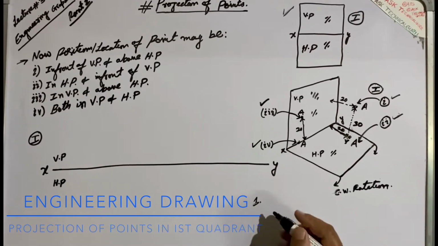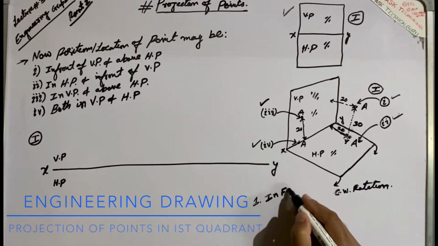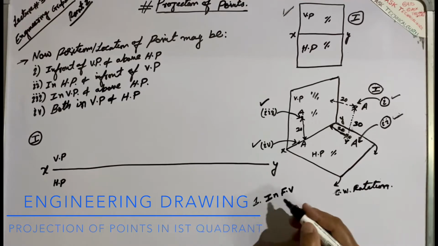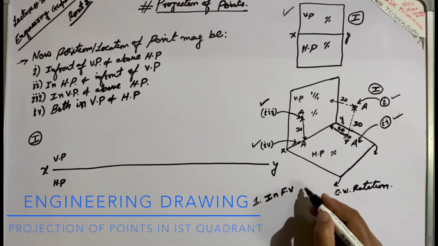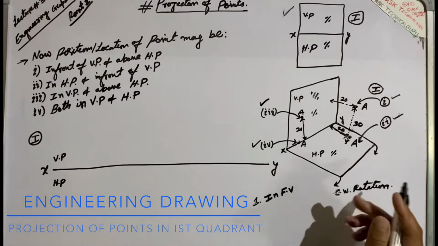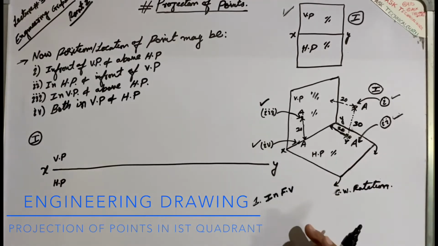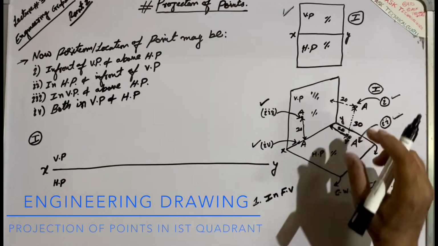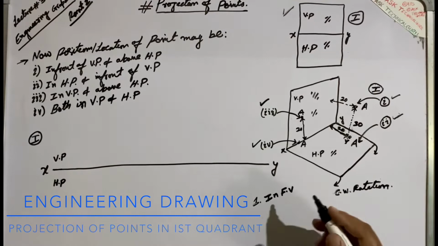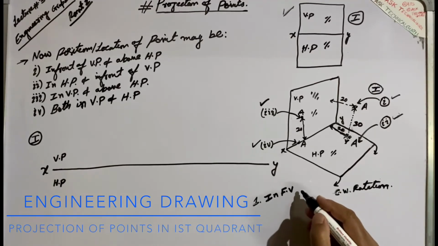The first point you have to remember is that in front view we are able to see the distance of the point which is away from the horizontal plane.